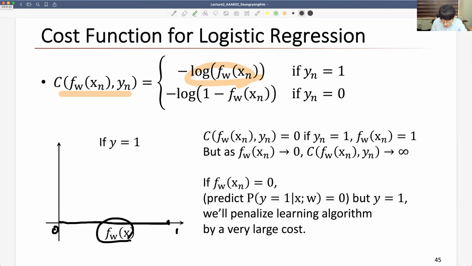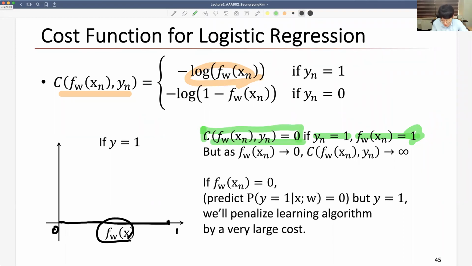when yn is equal to 1, the output of the mapping function also should be 1, right? So when yn is equal to 1 and the output of the mapping function is equal to 1, that cost should be 0, right?